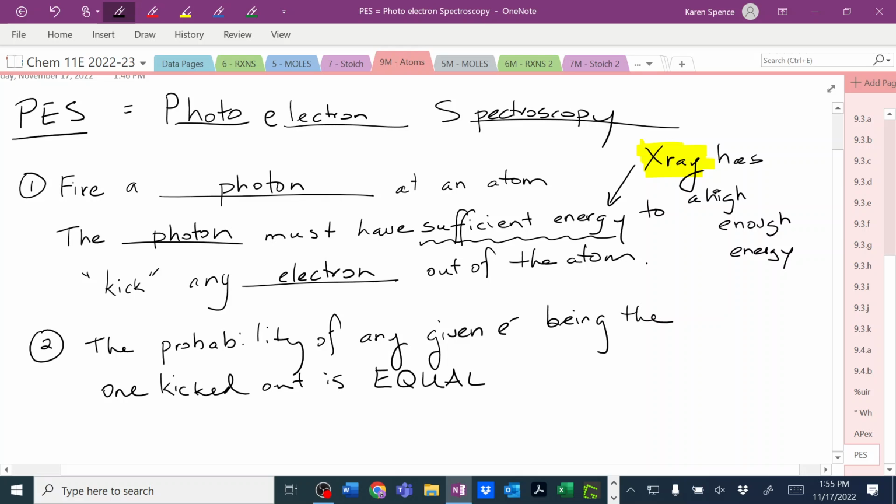You have enough energy to remove any electron. So it just depends which electron the photon actually hits. Because the energy is enough to remove any of them, whichever one gets hit will be the one that goes. So the probability of any electron is just as likely as any other. Okay?